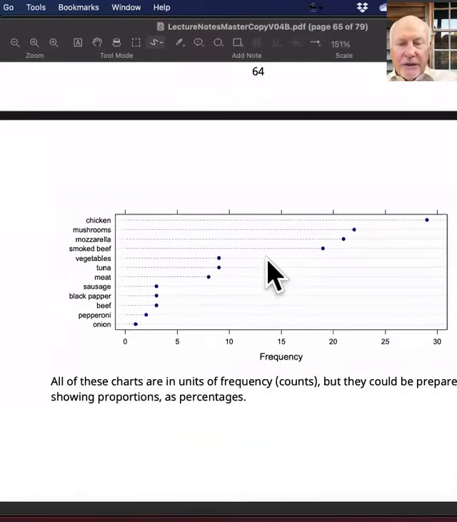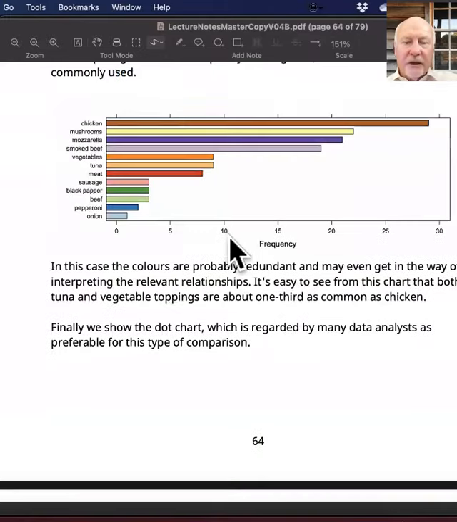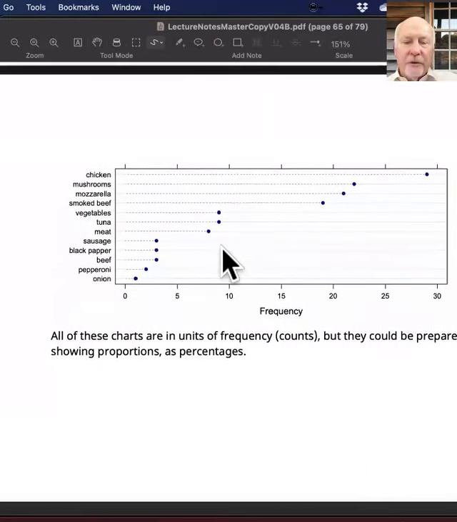I'll show you one more chart. So this is called a dot chart, and this is a favorite of statisticians. Again, it works like a bar chart. It's a horizontal, in this case, presentation. It just turns out, again, there's some research to support this, that a dot chart is even easier than a bar chart like this for people to make accurate visual comparisons.